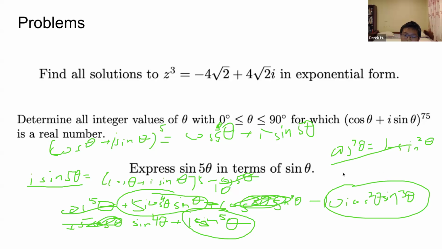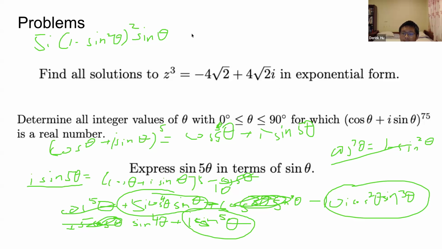Okay, and then we can use this property here. So we have 5i times (1 minus sine squared theta) all squared times sine theta for this term.